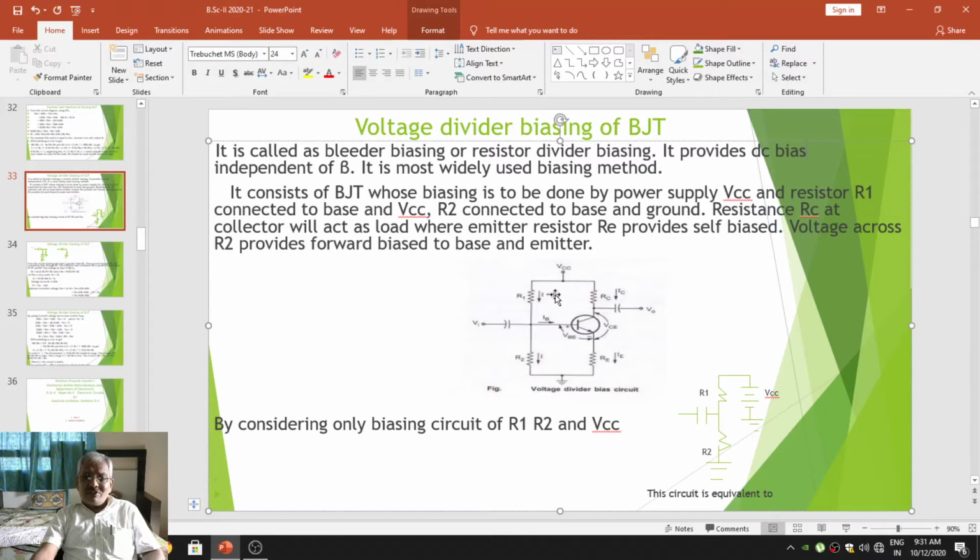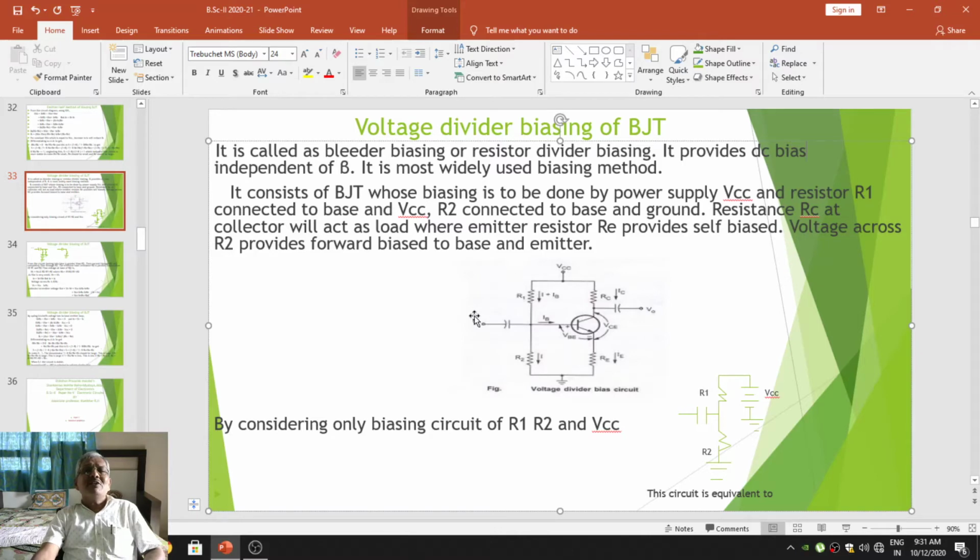So the net resistance of this divided network, which we treat as RTH or RB by Thevenin's theorem, is equal to R1 R2 upon R1 plus R2. These things are going to be analyzed so as to calculate the stability factor, and depending upon the value of the stability factor we are going to decide the stability of this particular method of biasing the BJT.